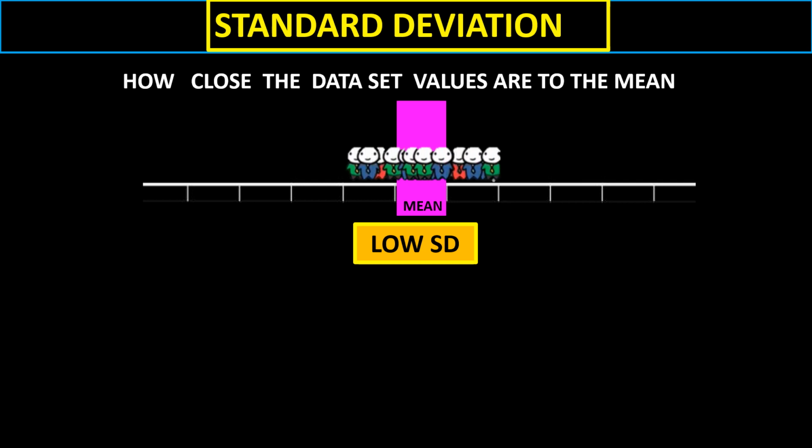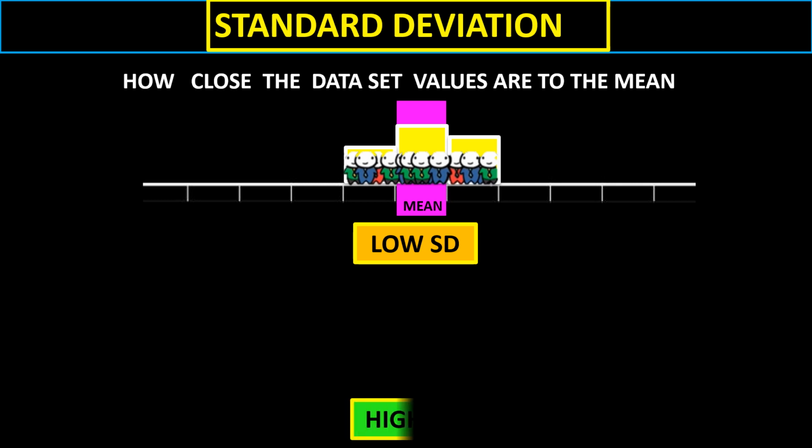When you have a low standard deviation, your data set values are very close. You see those individuals there, they pack very close to each other, right? And it normally can be represented like that. So if it's a low standard deviation, all the data values will be very close to the mean.